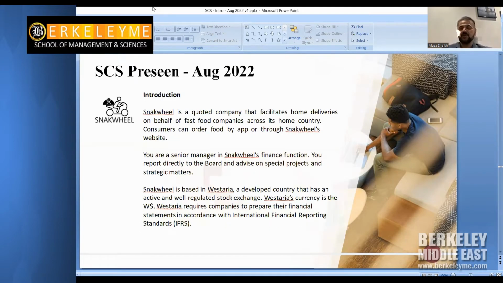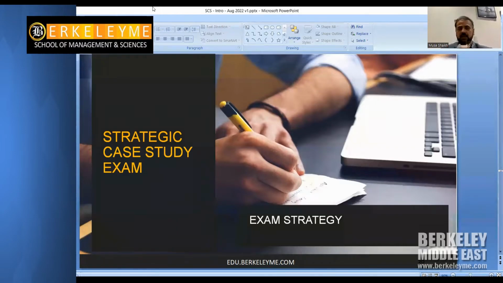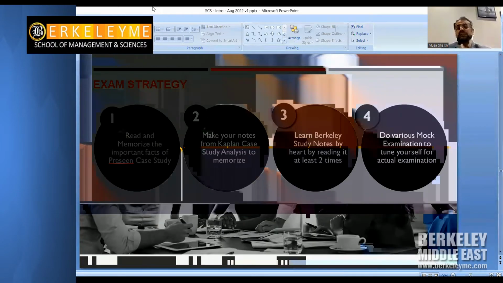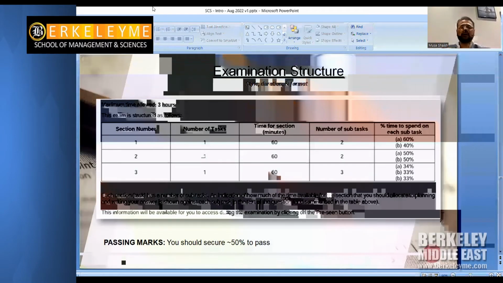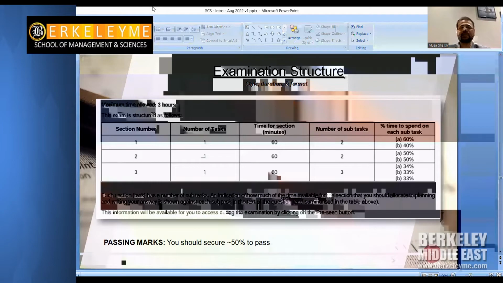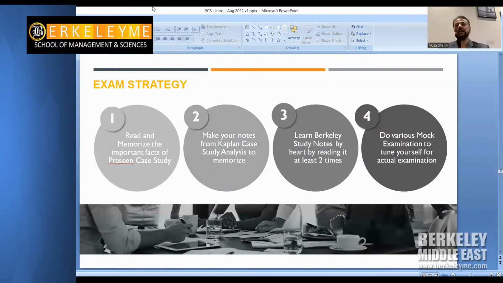So let's move forward. No need to read me the case, because once the students join, we will go through the cases in detail. For the strategic case study exam, your success will come from having a summarized sheet that we will give you, and having it in your mind. We need to read and memorize the important facts of the pre-seen case study. That's very, very important.